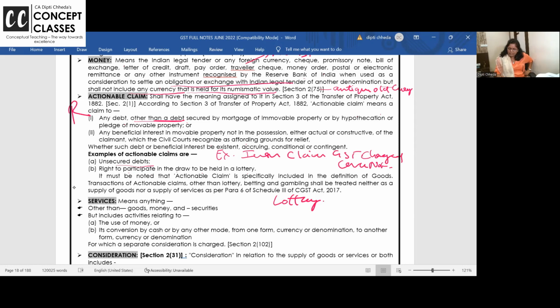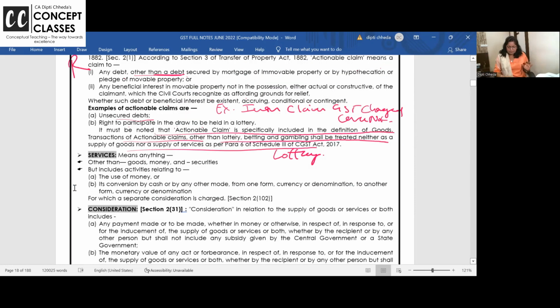It must be noted actionable claim is specifically included in the definition of goods. Actionable claims other than lottery, betting, gambling shall be treated neither as supply of goods nor as service. On lottery, betting, gambling, GST is charged on these actionable claims, and that is enough for you. That much is enough for the definition of actionable claim.